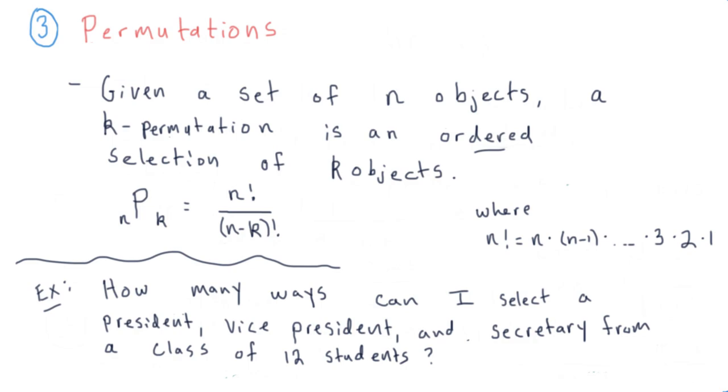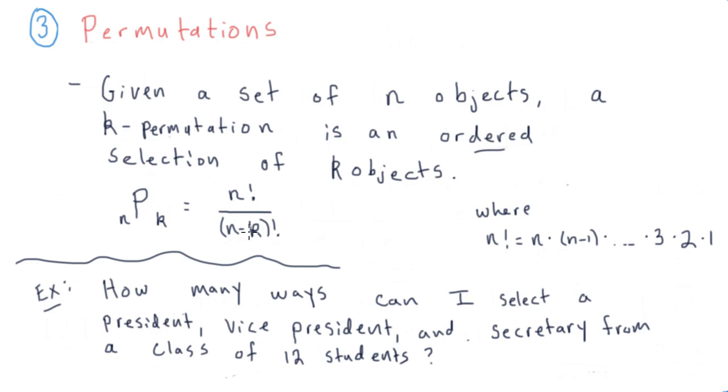Okay, so permutations, very similar to combinations. The only difference is that my selection of my k objects from my set of n objects is now ordered. The notation is very similar. So it's just this P, so n, and then it's not n choose k, it's n permute k. And it's equal to n factorial over n minus k factorial.